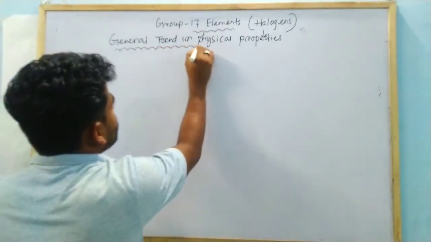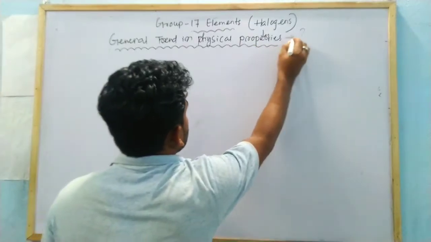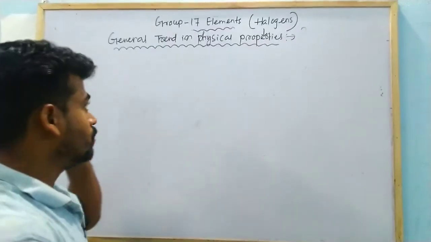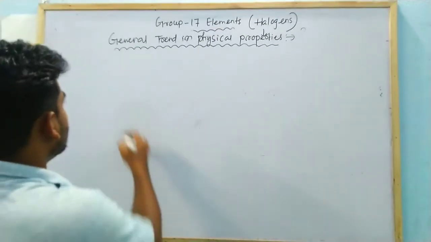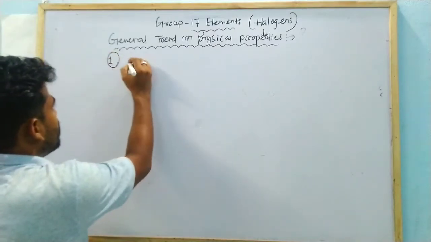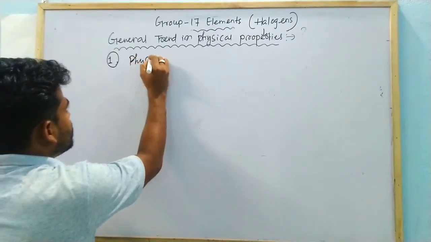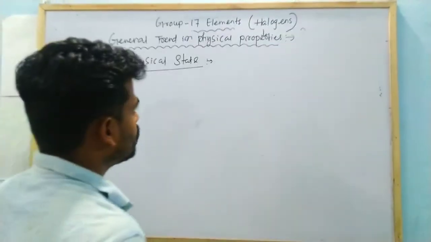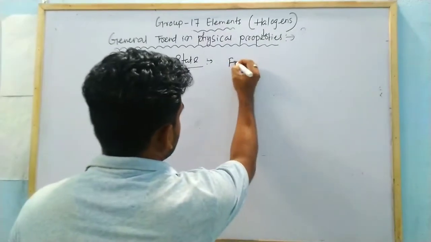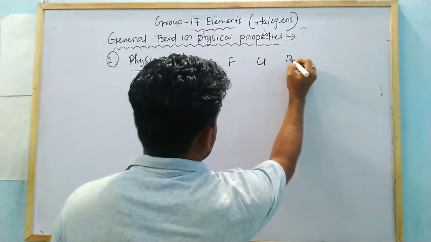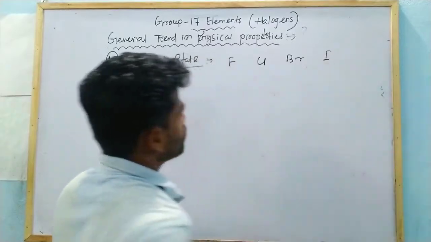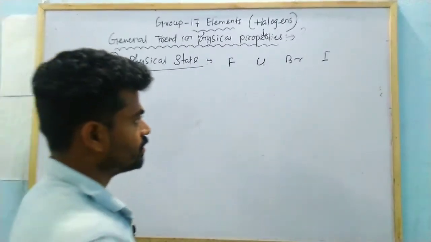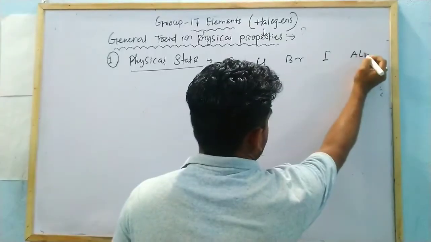In this trend, first is their physical state. You know these elements are fluorine, chlorine, bromine, iodine, and the final one, astatine.